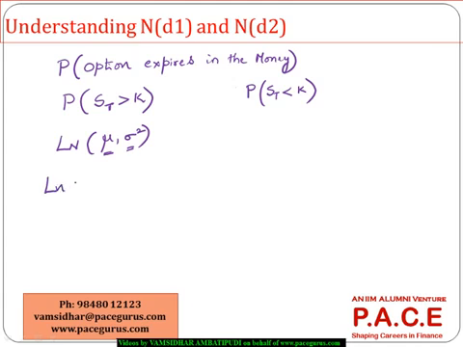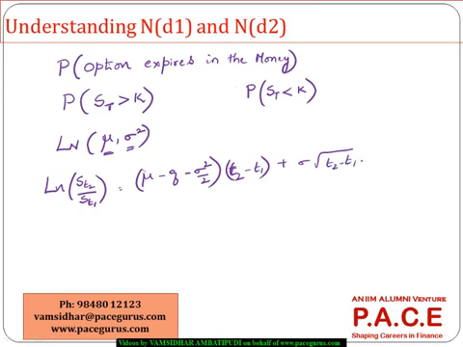We know that logarithm of S_T2 divided by S_T1 can be expressed as mu minus q minus sigma squared by 2 times (T2 minus T1), plus sigma square root of (T2 minus T1) times Z, because any normally distributed random variable can be written in the form mu plus sigma Z, where mu is the mean and sigma is the standard deviation of that normal random variable.